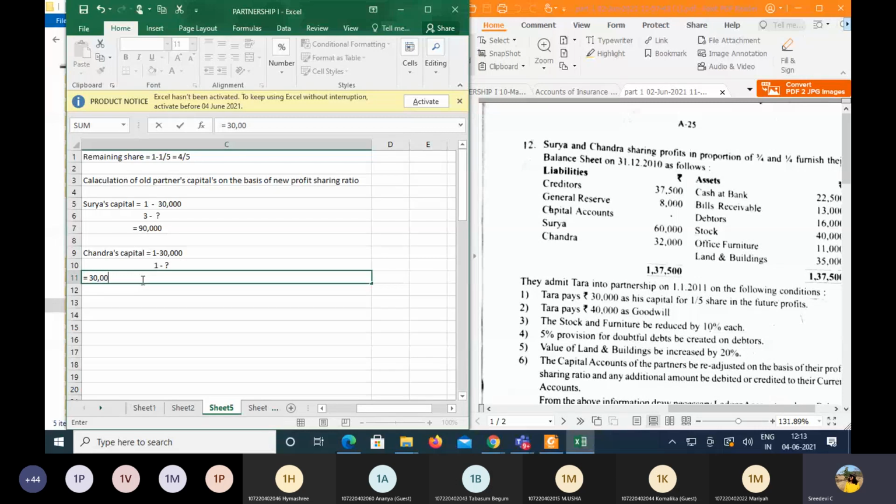So you need to maintain 30,000. If you just see the last point here, the capital accounts of the partners be readjusted on the basis of their profit sharing ratio. So this is how the profit sharing ratio has been calculated, and on that basis we have calculated what should be the new capitals of the partners, and any additional amount be debited or credited. Suppose if the amount is excess, it will go to the current account.